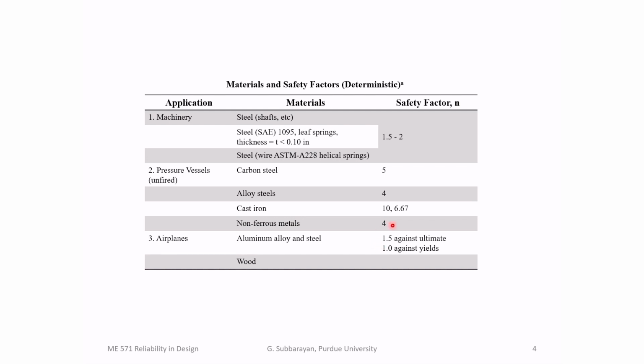So any lowering of factor of safety has to come with extensive testing. And because of the risk to human lives, we were willing to do that level of extensive testing for airplanes.